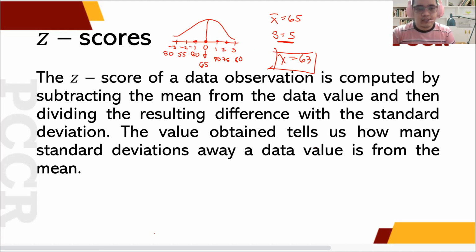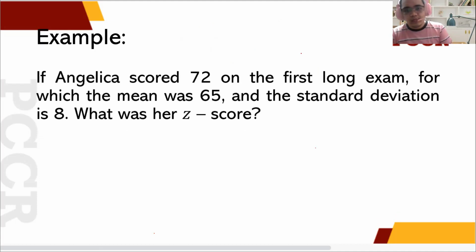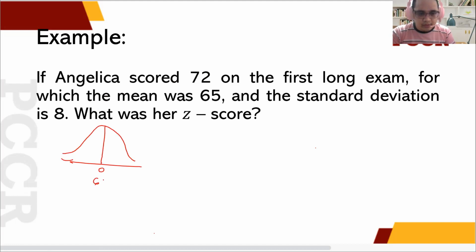So let's have an example. Angelica scored 72 on the first long exam, for which the mean was 65 and the standard deviation is 8. We can draw it. Let's say this is the normal curve. You know that 0 corresponds to 65 since that's the mean. And since the standard deviation is 8, 1 unit here corresponds to 8.